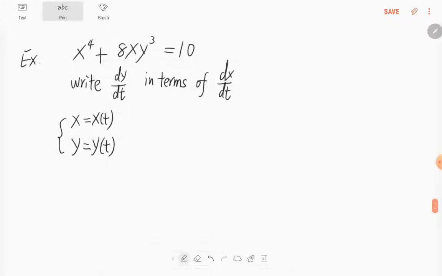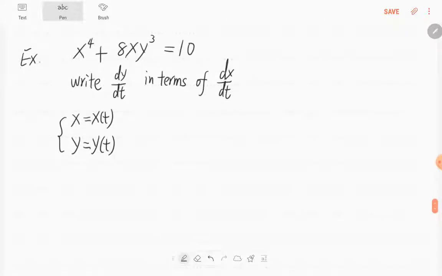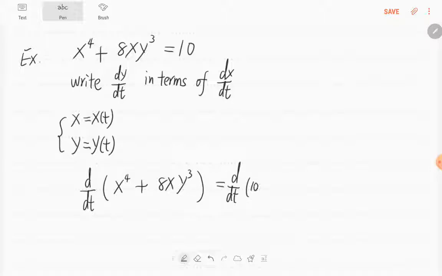So what should we do? We take the differentiation about t on both sides. So the differential variable is t, not x, okay? So the derivative about t of x to the fourth plus 8xy cubed equals the derivative about t of 10.